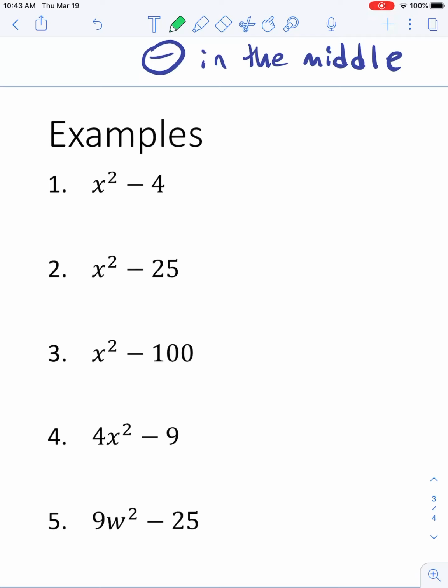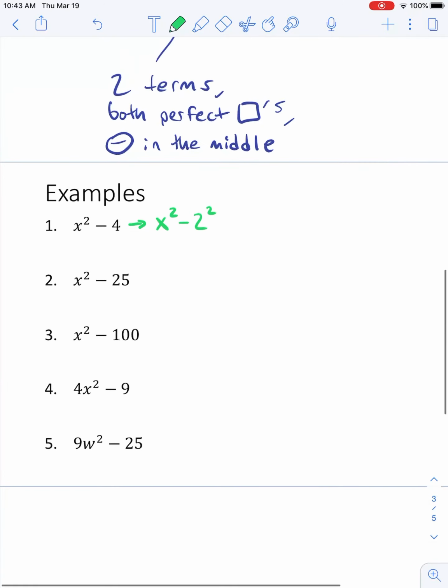So I'm going to write this little in-between step on these problems that you don't really have to do, but I think it'll show you what's going on. So this problem, we have 2 terms, subtraction in the middle. X squared is always a perfect square. 4 is really 2 squared. So what I'm going to do is rewrite this problem as, and we don't have to do this step, this middle step is kind of unnecessary, but I'm doing it so you can see what's going on: x squared minus 2 squared.